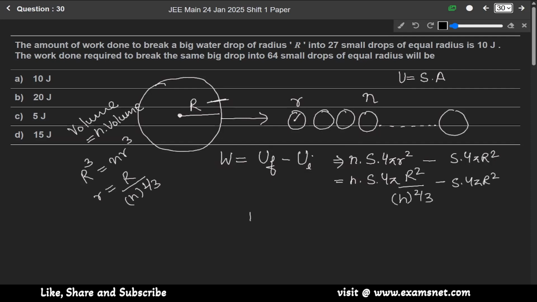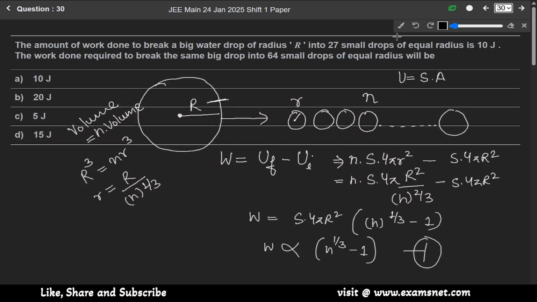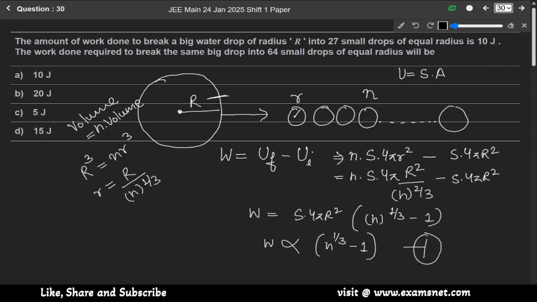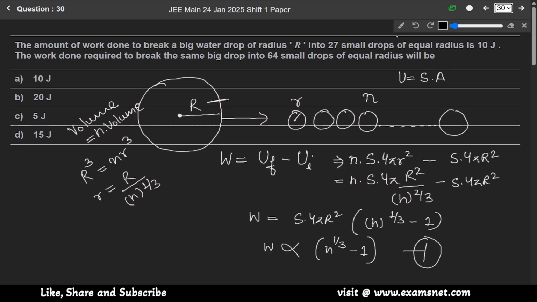Okay. So from here we see that W is equal to, taking S into 4 pi R square common, N raised to the power 1 by 3 minus 1. It means the work done is directly proportional to N raised to the power 1 by 3 minus 1. Now we'll take the data given in the question.